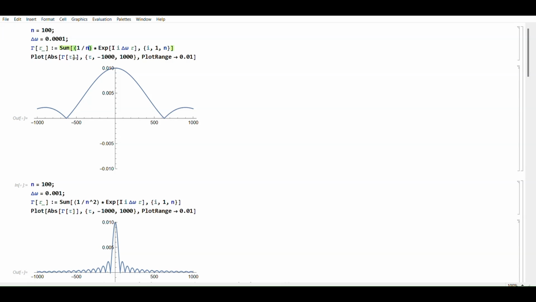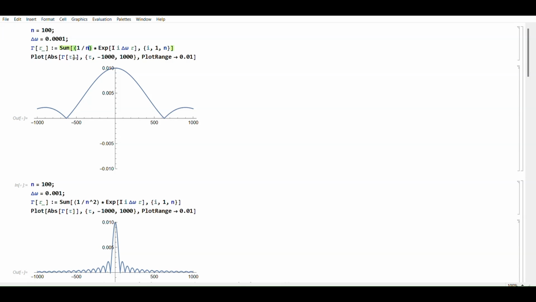Oh no, I am supposed to plot mod gamma only, so that is fine. But en squared is 1 over n and not 1 over n squared.